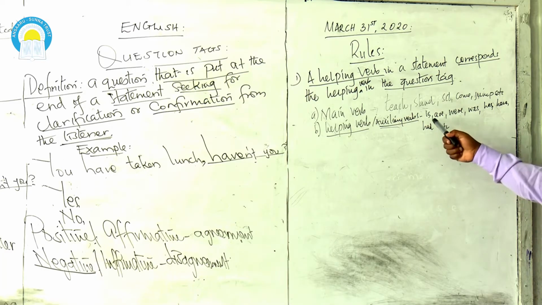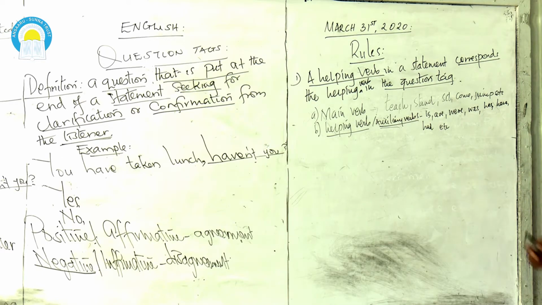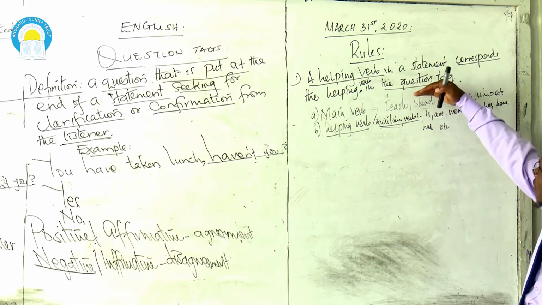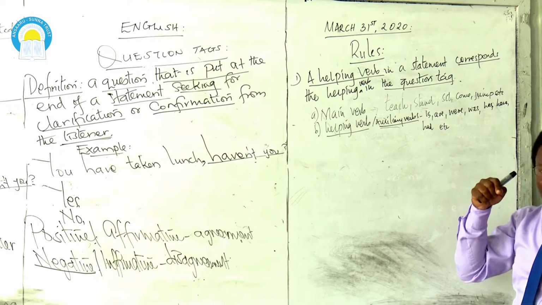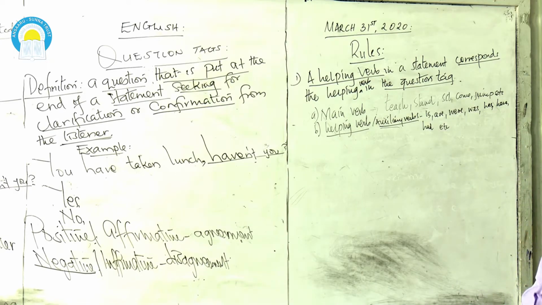When you see is in a sentence, you are reminded of present. I, present, were, past, was, past, has, perfect, have, perfect, had, perfect. So they are assisting these main verbs to show the time at which the action takes place.